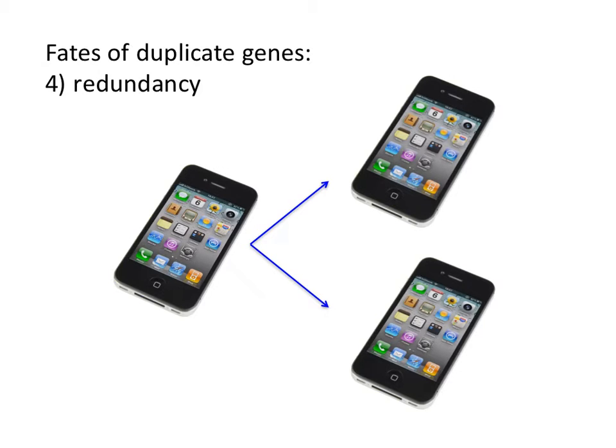Neofunctionalization, subfunctionalization, if the gene function breaks. So this is what's happened to all of the Hox genes at some point. Some of the Hox genes have subfunctionalized. It doesn't matter which ones, I'm just saying in general, all of these things happen to duplicate genes.